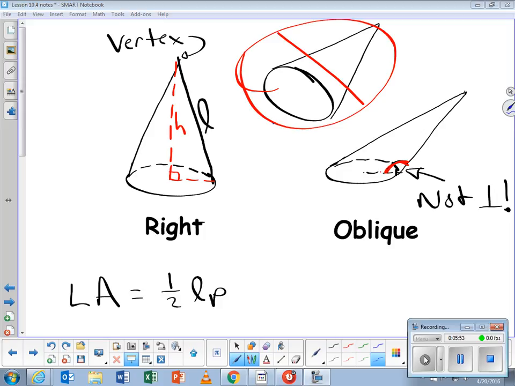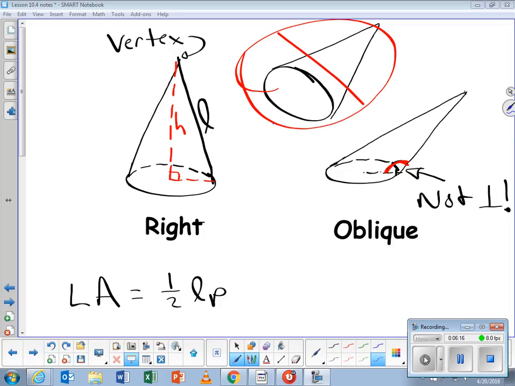Some people try to draw an oblique cone the way they did there, and I just want to point out that's not an oblique cone. So do the best you can to draw it the way it should look, and if you can't draw it well, remember, just leave me a little note or raise your hand and tell me what you're trying to do so I can give you credit for that.